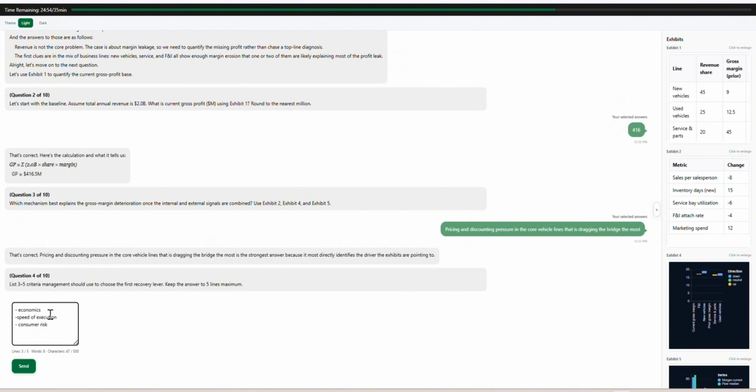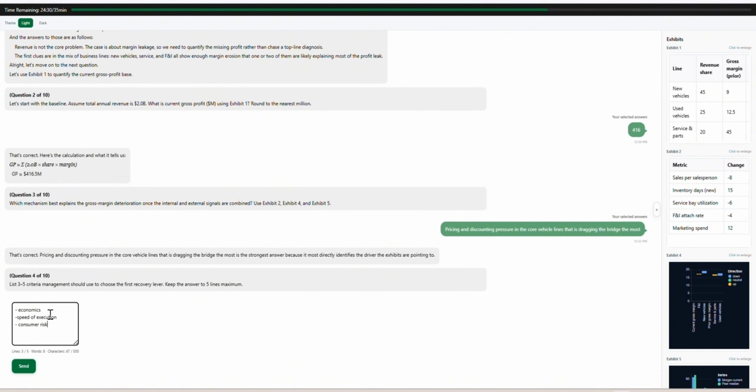The first lever has to move the needle on that number. Otherwise, it's not worth being first. Why speed and feasibility? Well, speed and feasibility match the board's 6-week recovery window. A lever that looks great on paper but takes a year to implement will not save us this quarter.